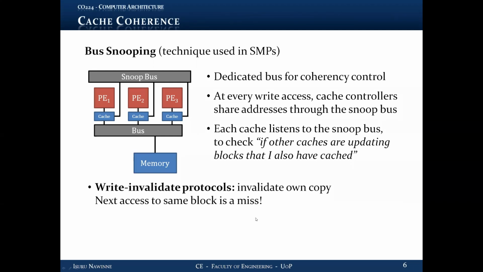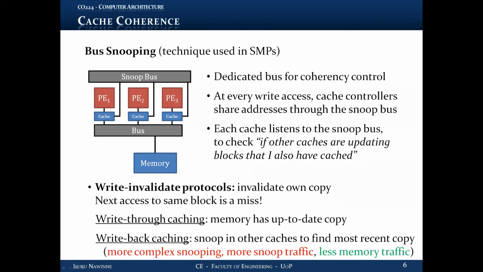The next access, of course, is going to be a miss in the cache where the invalidate happened. But that is fine. We can go and find the missing piece of data. We only need to spend some more clock cycles, but the correct functionality is now maintained.